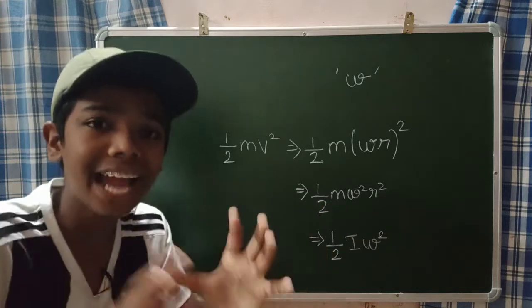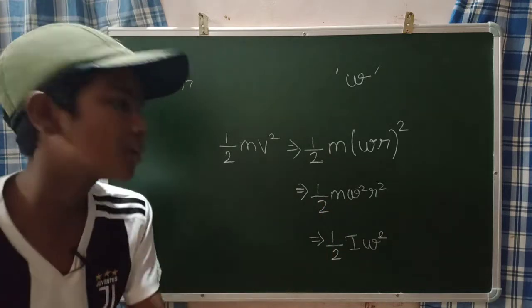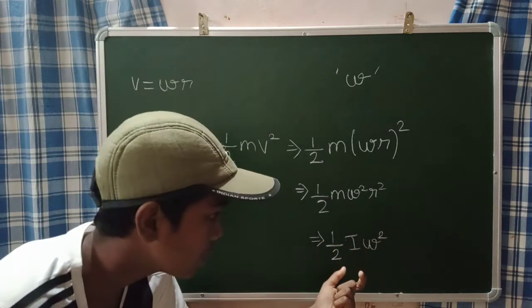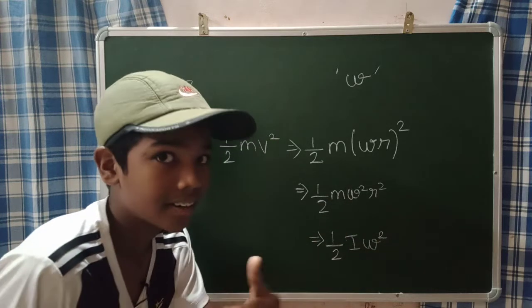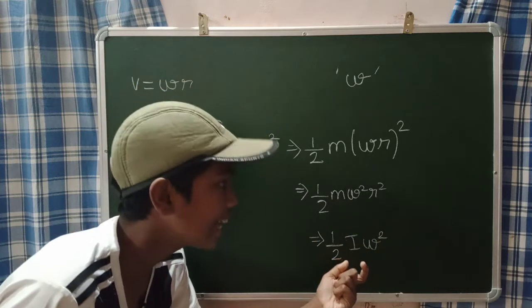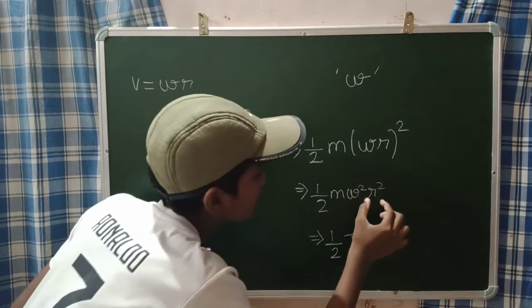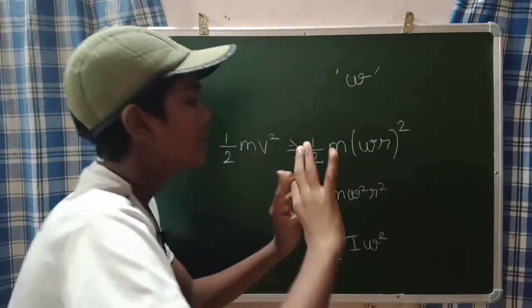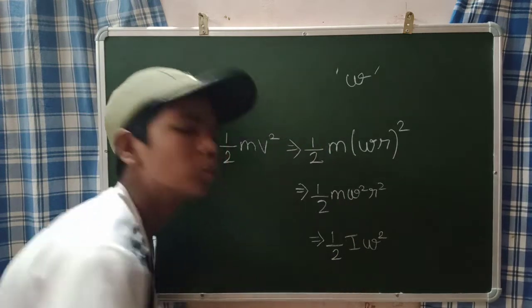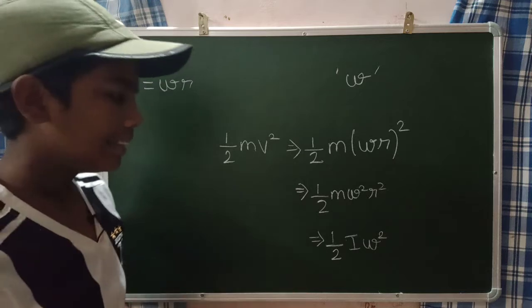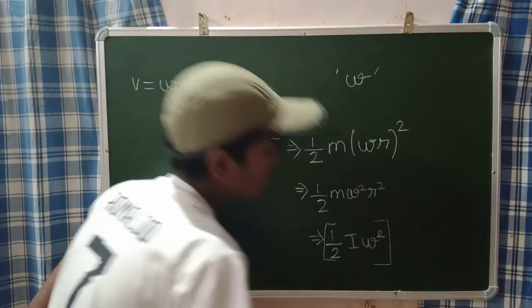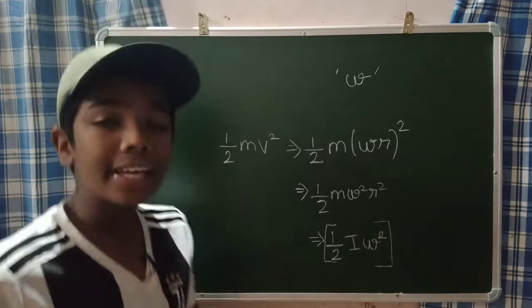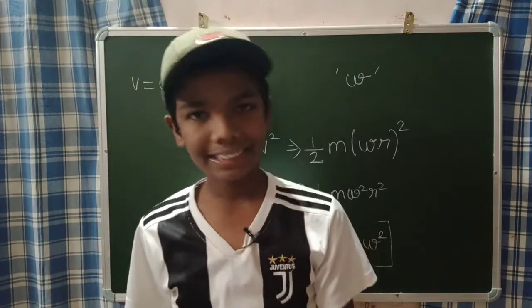M r square is the standard formula of moment of inertia, and that's why I am writing this m r square as I, just replacing it because I know that formula. And this final term is your kinetic energy of that rigid body rotating about the given axis.